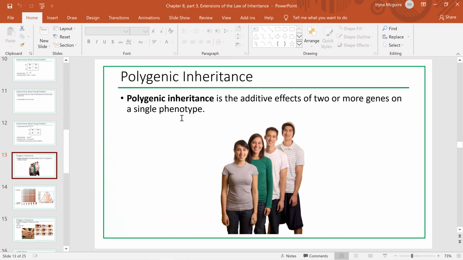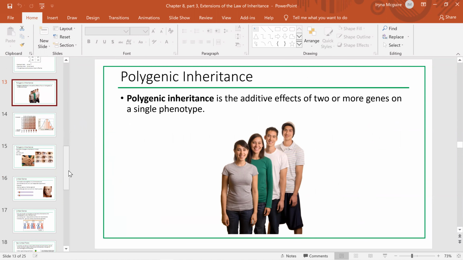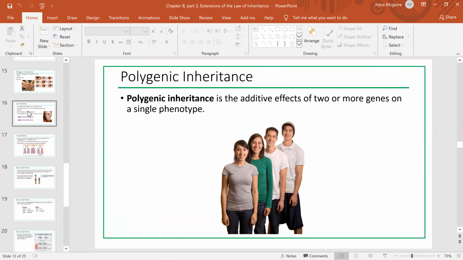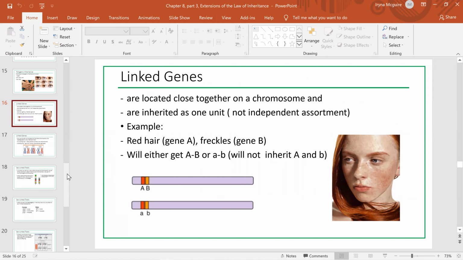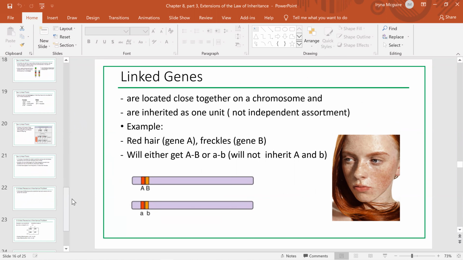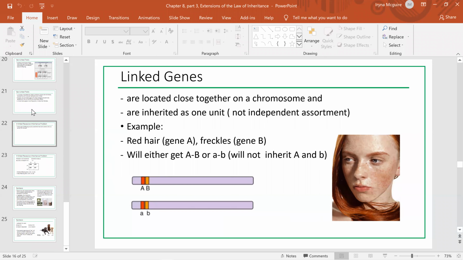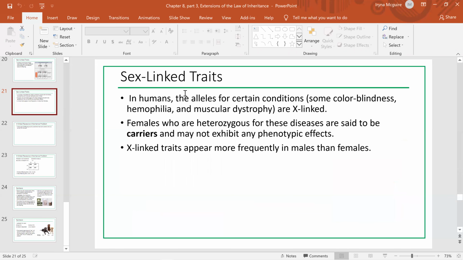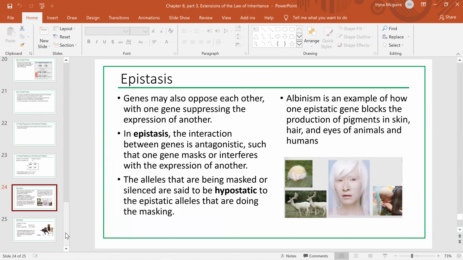Also polygenic inheritance and linked genes. We talked about X-linked genes, or X-linked traits, and we talked about epistasis.